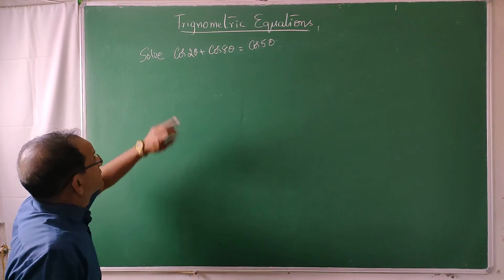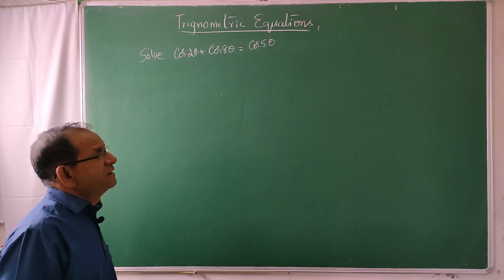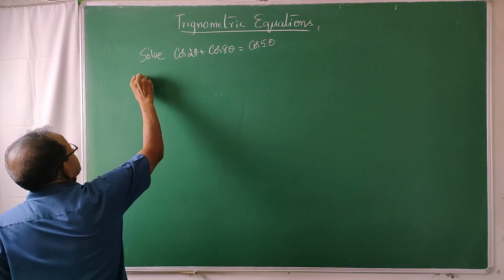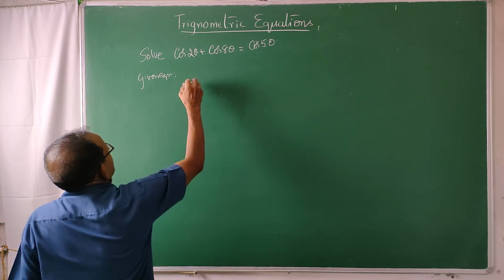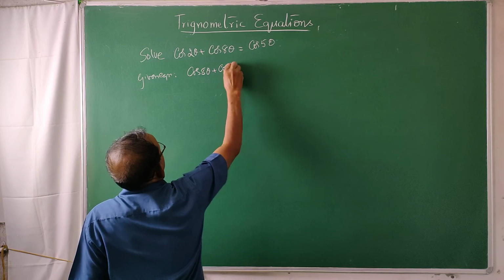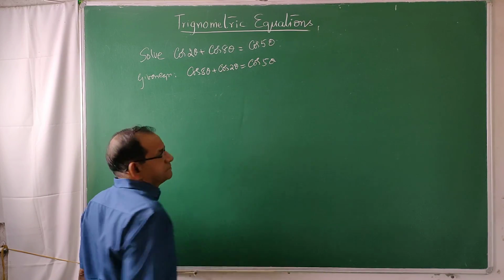Now in this question, cos 2 theta plus cos 8 theta is given as cos 5 theta. Now let us take the given equation like this. Given equation, cos 8 theta I will write first, plus cos 2 theta is equal to cos 5 theta.